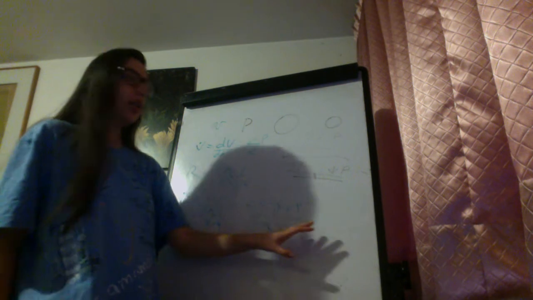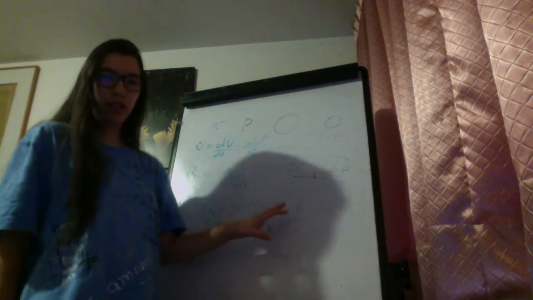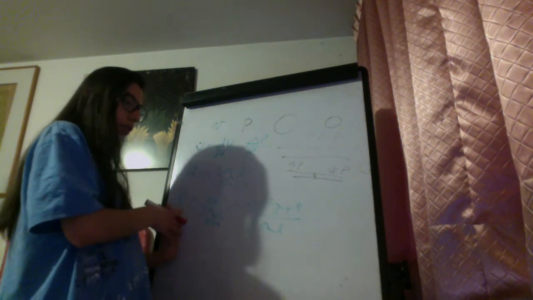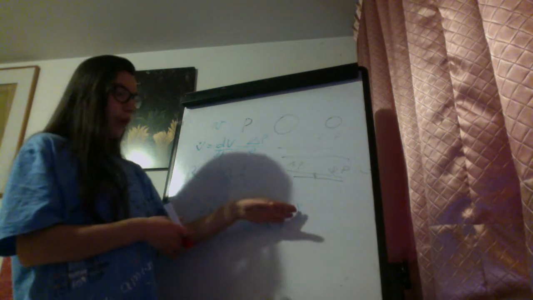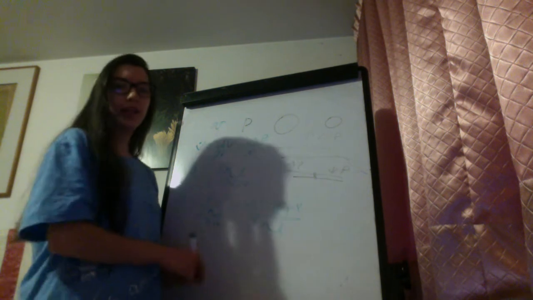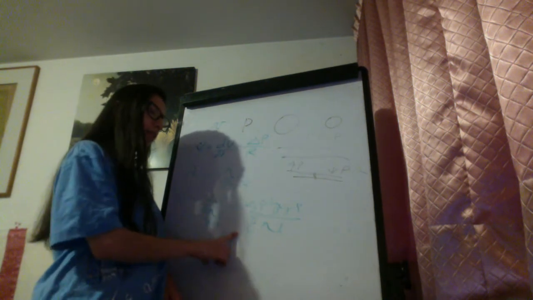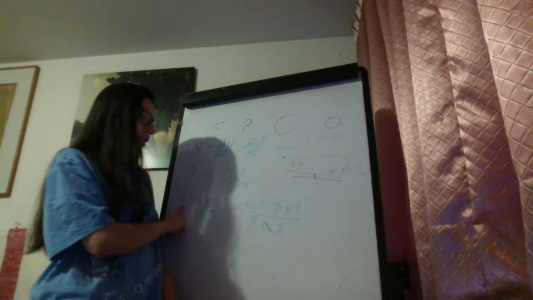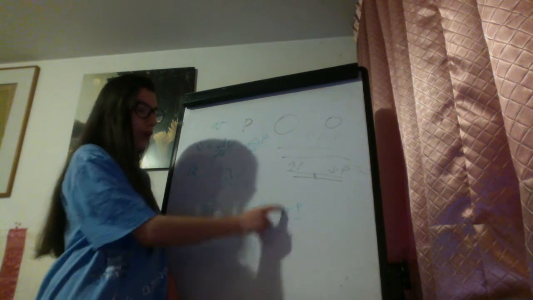And this is what every cardiologist thinks once they understand that the flux is proportional to the fourth power of the radius. Actually, the flux is not proportional to the fourth power of the radius.